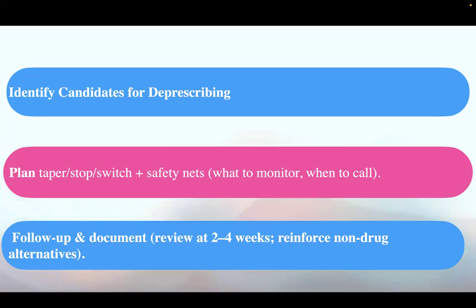Then the plan has its role. And this is very important when the healthcare worker like us needs to have the therapeutic, etiology, pathophysiology concepts very clear in your head. Then you can proceed with the plan of tapering, stopping, or switching with the safety nets.